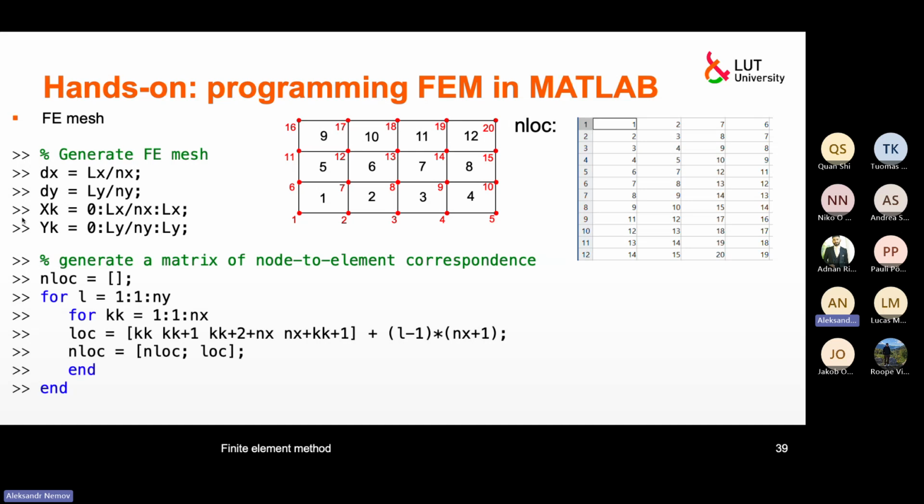These 2 things keep our locations of nodes, and this nlog array keeps the node to element correspondence matrix. So the row number is the number of the element, and in each column you get the number of the node which belongs to this element, in this order.